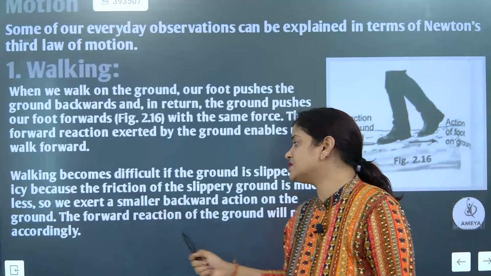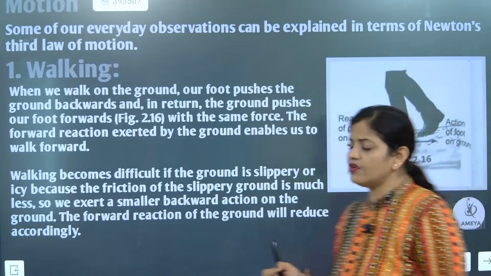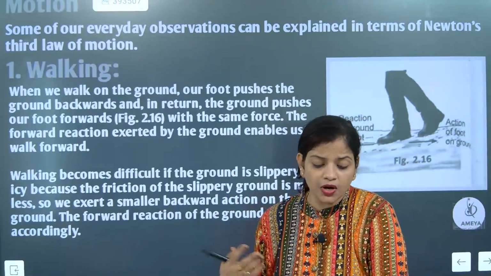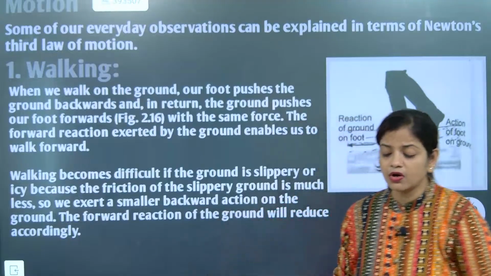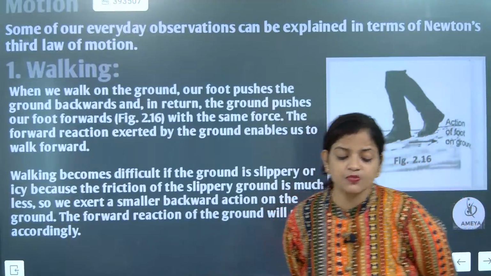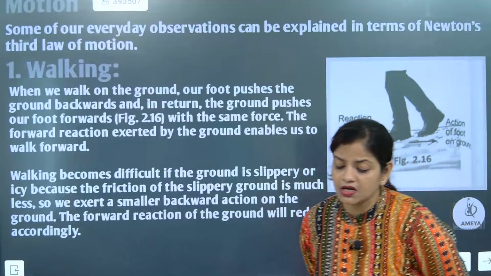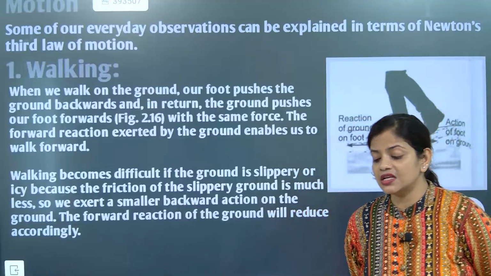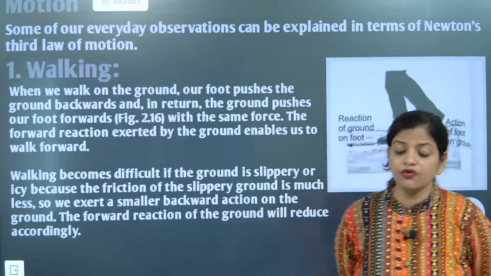So if we exert a smaller backward action on the ground, the forward reaction from the ground will reduce accordingly. You cannot run on a slippery surface. Why can we not run on a slippery surface? The answer is that friction will not be there. Friction is helpful for walking.